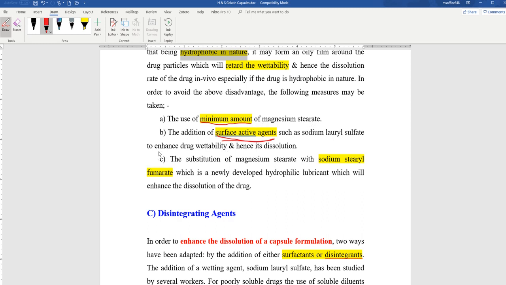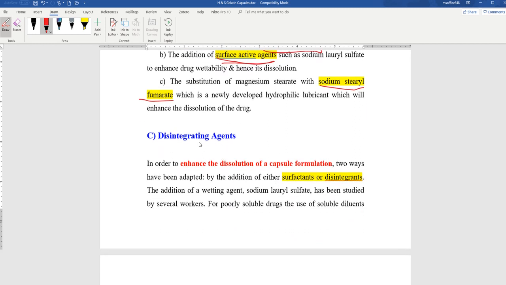The third option is to replace magnesium stearate with a hydrophilic lubricant. This has been developed recently to substitute magnesium stearate in tablet and capsule formulations. These are hydrophilic and they do not have the same problem as magnesium stearate.